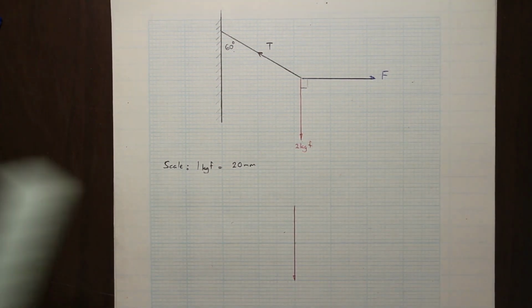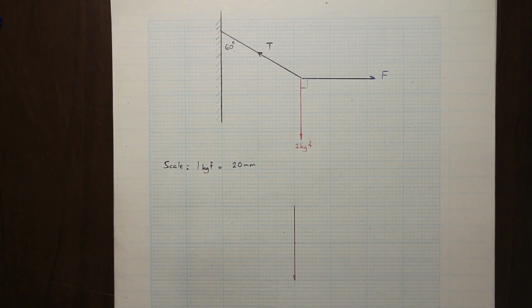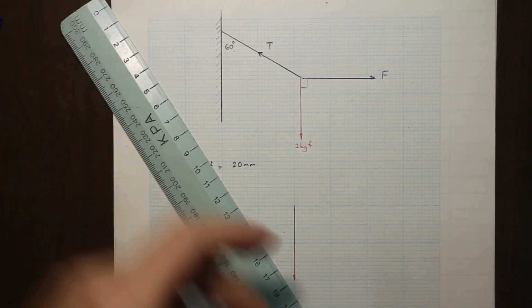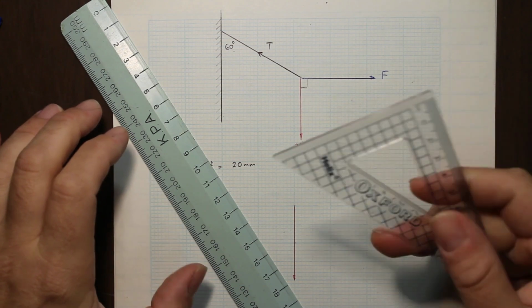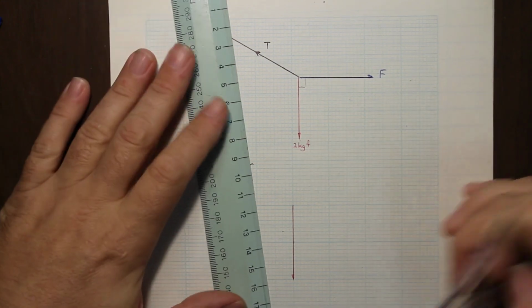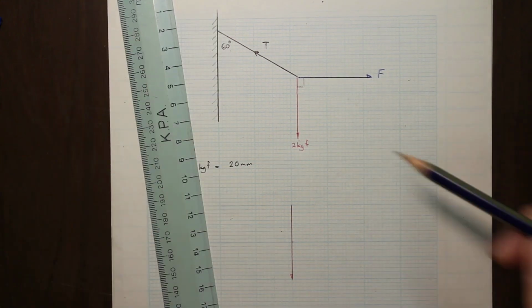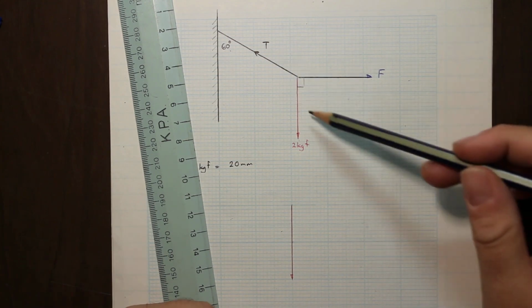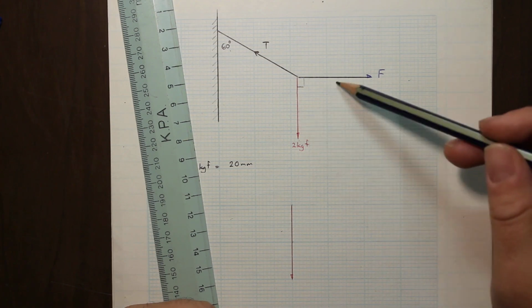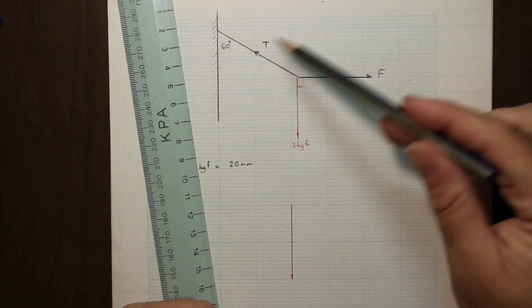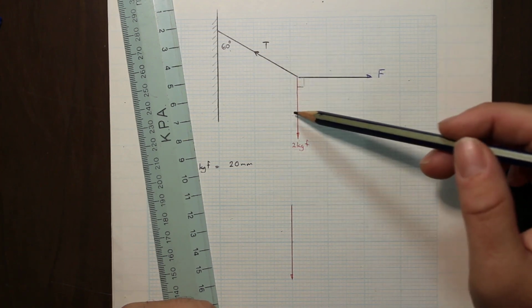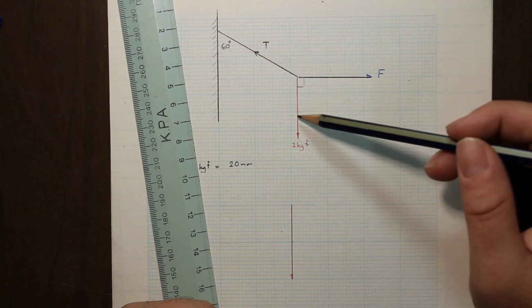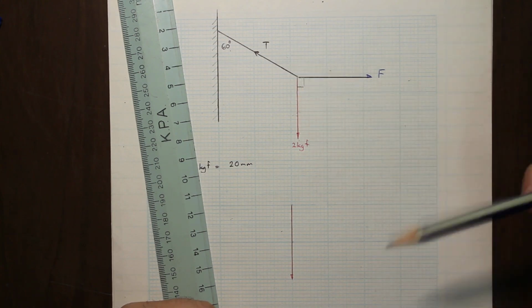And what I'm going to need for that is my ruler, and I'm going to need one of these triangles. All right. So first of all, we're going to go in order. So this force, and this force. Remember, when you do these things, always make sure if you go in one direction, so this is anti-clockwise, keep going in anti-clockwise. If you're going to go clockwise, then go that force, that force, that force.